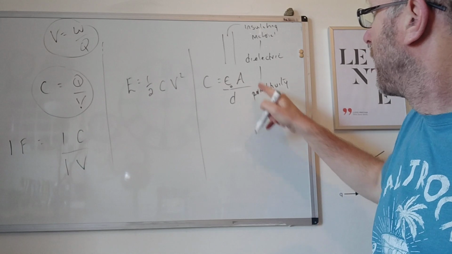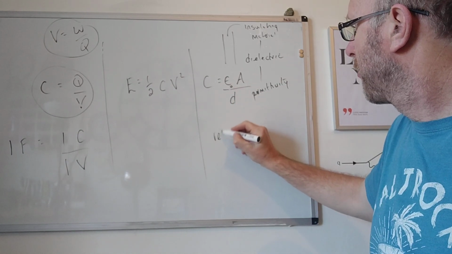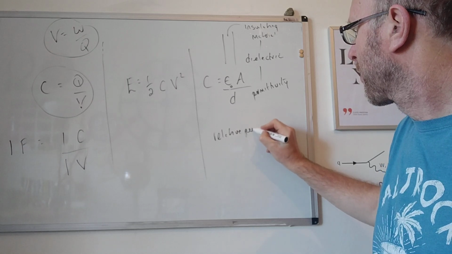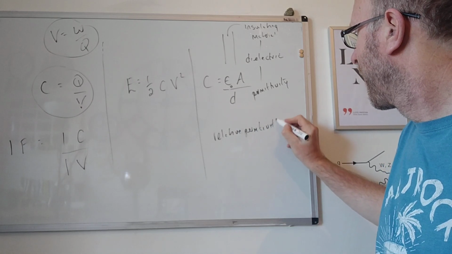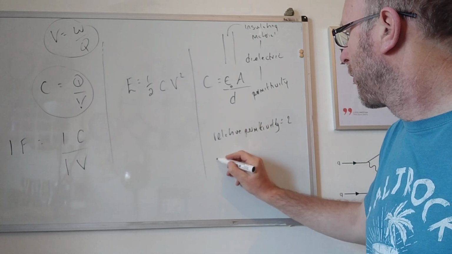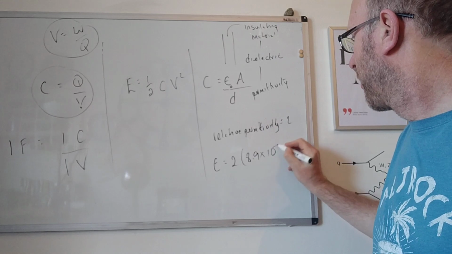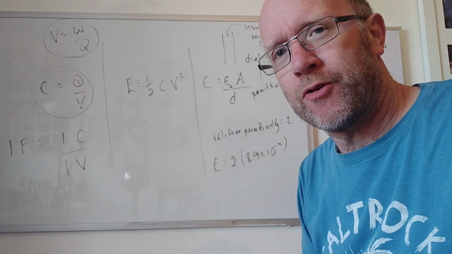Now, if we're told the relative permittivity is 2, then the permittivity is 2 times epsilon 0, which is 8.9 by 10 to the minus 12, and you get your answer.